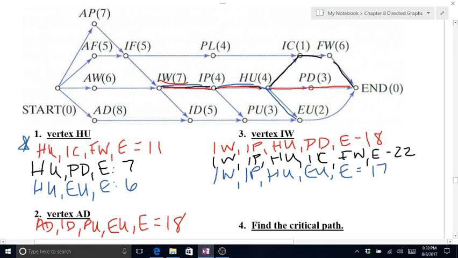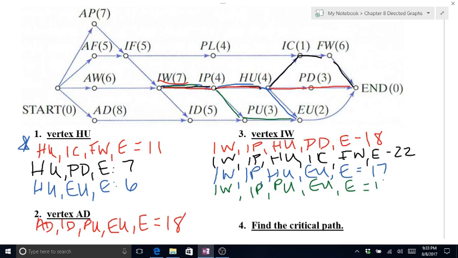Okay. I can go IW to IP, IP to PU this time, PU to EU, and EU to the end, so that's 2, 5, 9, 16.